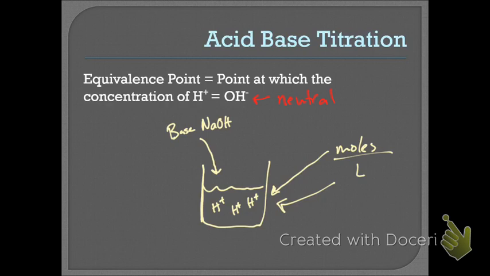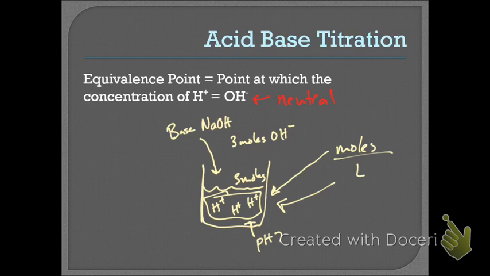So, for example, let's just say I added 3 moles of NaOH, or in this case hydroxide ions, right? And I found out that the pH was 7 after I added the 3 moles. I know there's 3 moles of H plus.